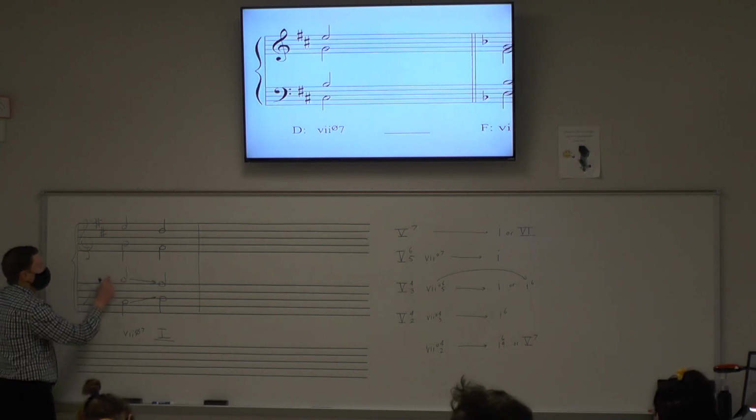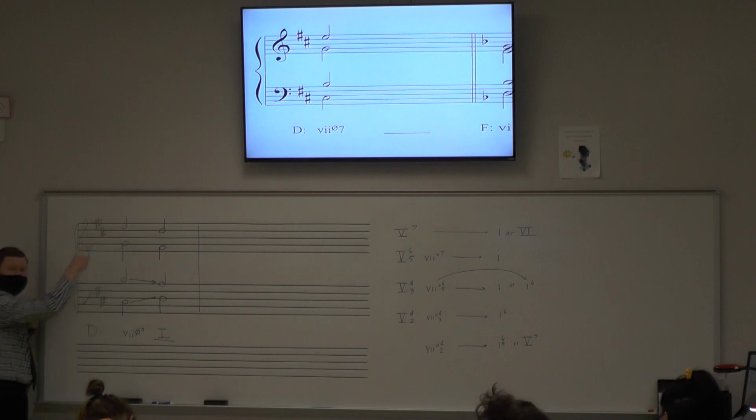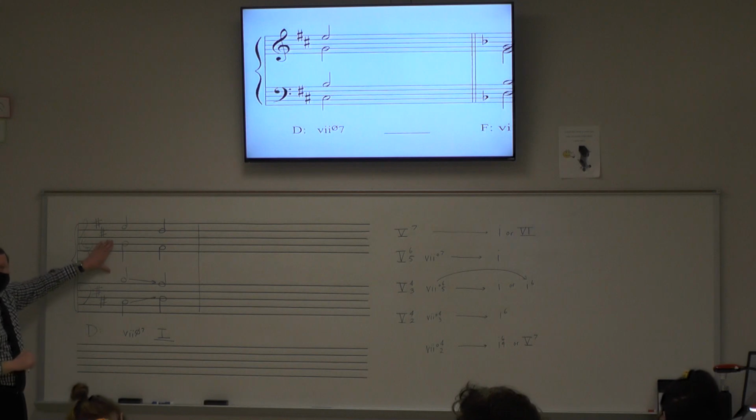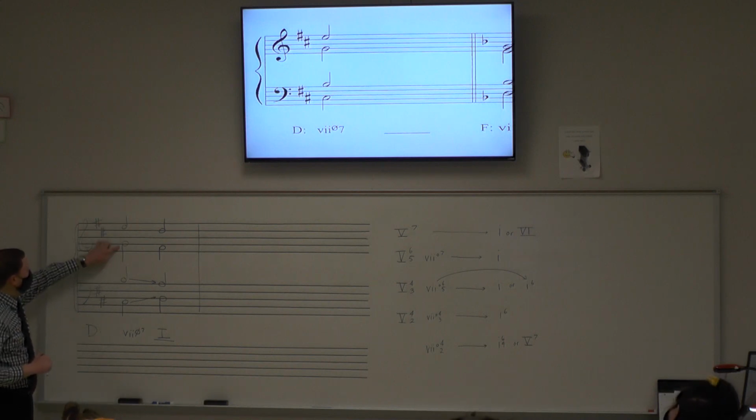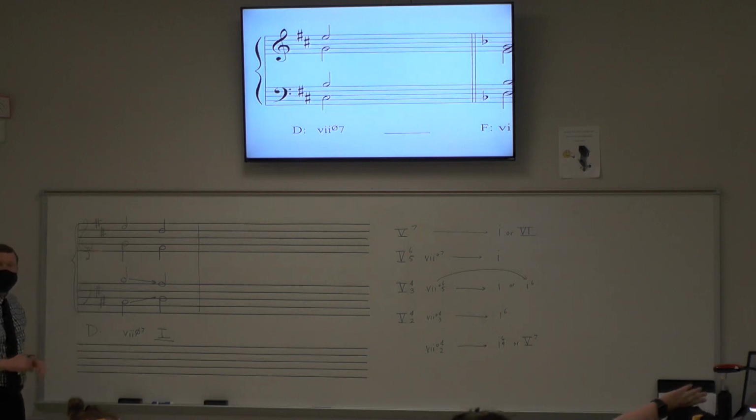Because I didn't find any interval of a fifth between any pair of notes in the chord. I'd have to have started with a perfect fifth or some kind of fifth. But G to E is a sixth, and B to G is a sixth, and B to E is a fourth, and I just didn't have any fifths. So I'm not going to get any parallel fifths when I part write it. Make sense? Okay.